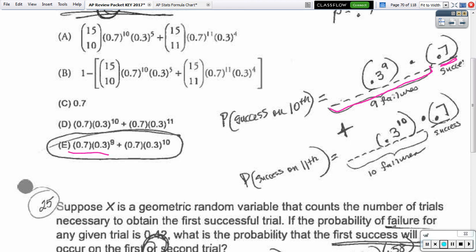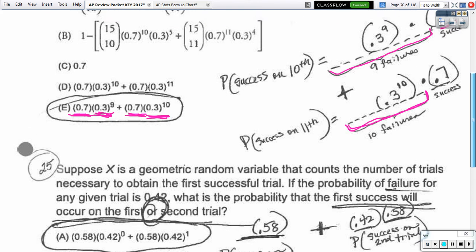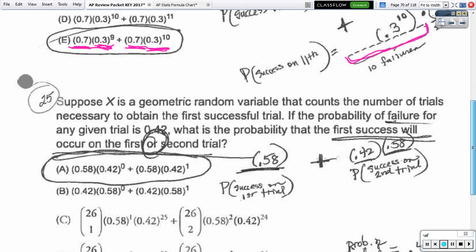And over here, they're just showing you the commutative property of multiplication. Then this next one, 10 failures, so you have 10 of the 0.3s and then your success. And you're adding those together because of the "or": 10th success or 11th success.